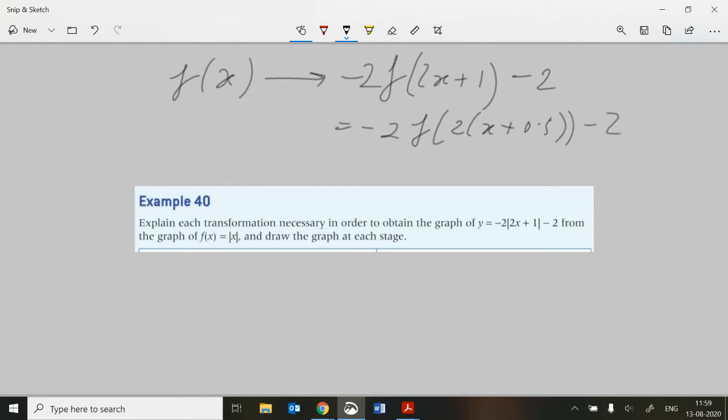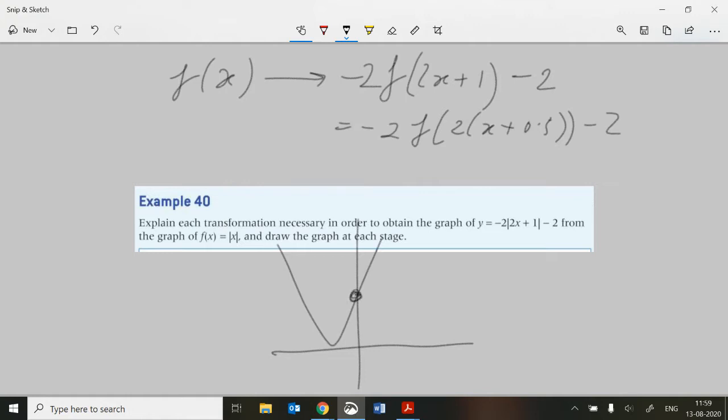The reason why we put it like that is because it's going to be easier to do the horizontal stretch, especially when this graph is symmetrical. So it's easier to do the horizontal stretch before we do the translation. If we do the translation first, say we move the modulus graph back by 1, and then try to make a stretch in that case, that's really quite difficult.